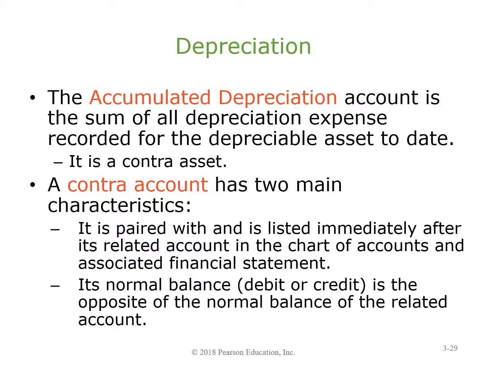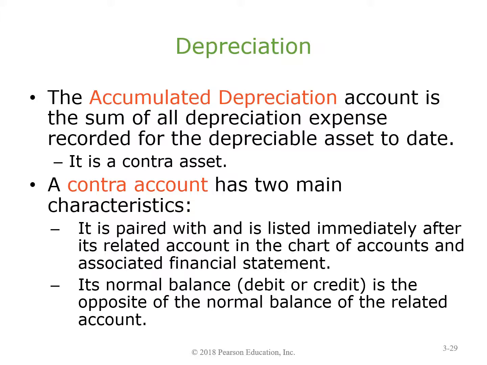One has a debit balance and one has a credit balance. So the net book value of the equipment right now is $17,700, net the $18,000 with the $300. So you can always tell what the book value is by taking the asset minus the accumulated depreciation. It is paired with, and listed immediately after, its related account. So it would show furniture, and right below it, it would show accumulated depreciation dash furniture. So they're always right there next to each other.